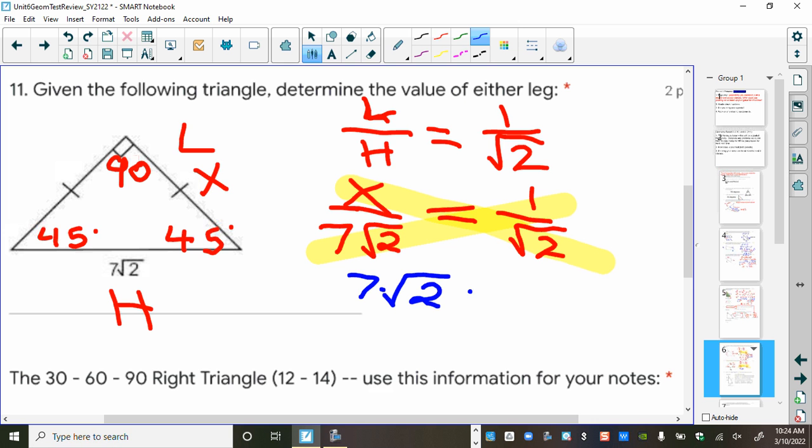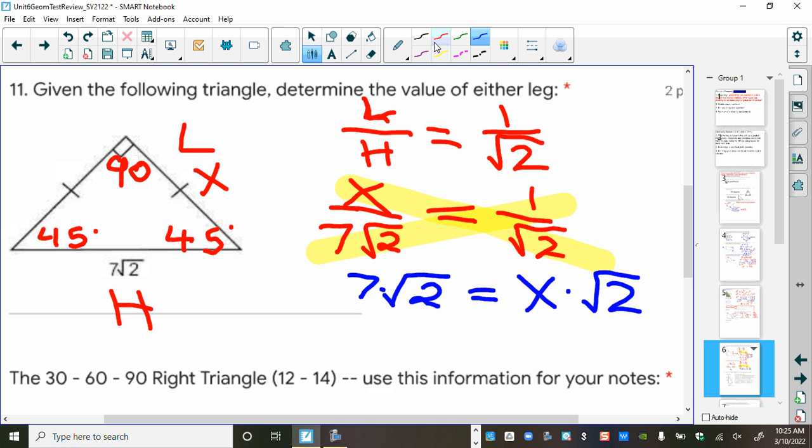Because on this side, you have an x times square root of 2. Everybody see what we have going on here? We have 7 times square root of 2 equals x times square root of 2. Both sides are being multiplied by square root of 2. The x is being multiplied by square root of 2, right? The 7 is also in the end being multiplied by square root of 2. Does everybody see that?